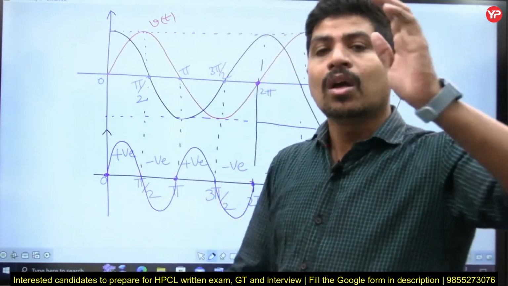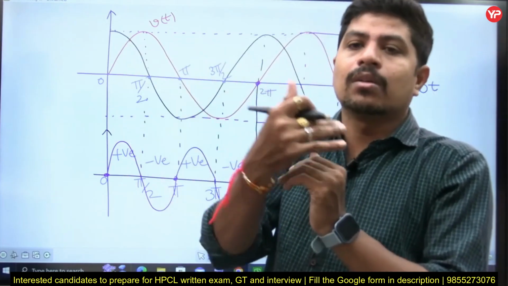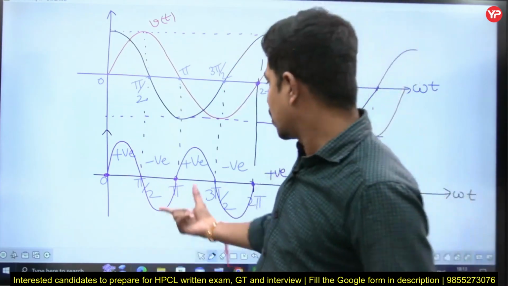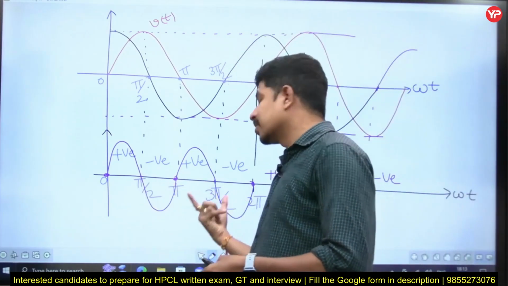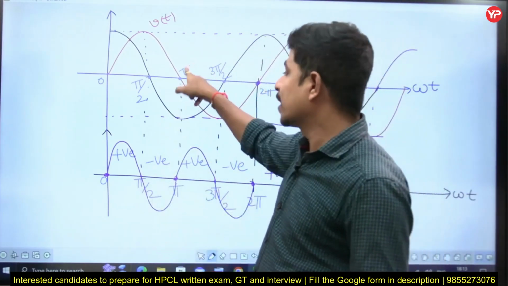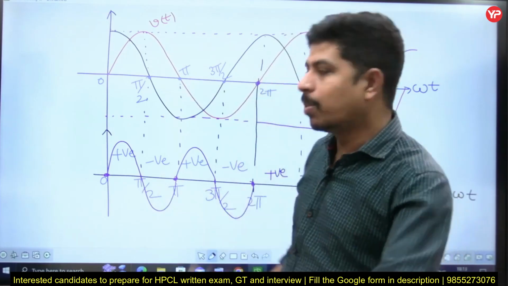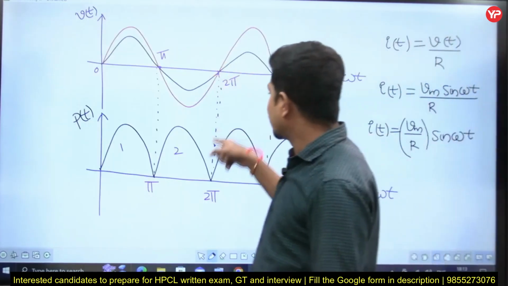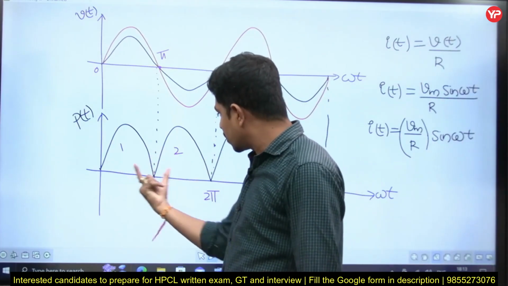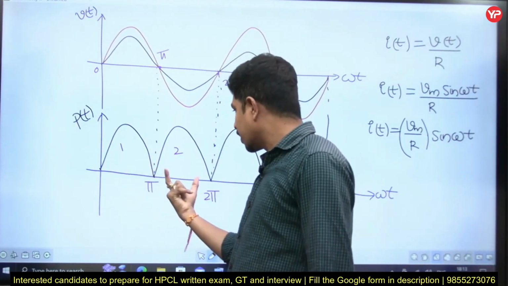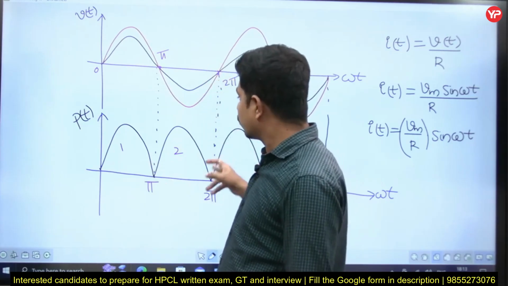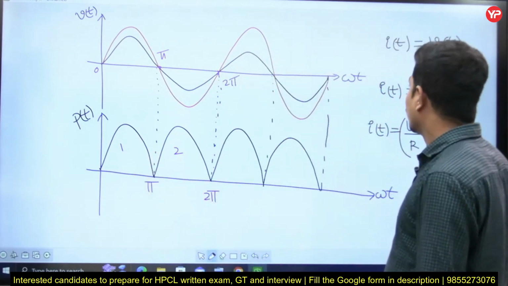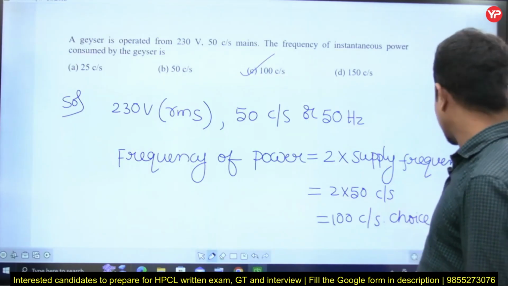Any continuous repetition is calculated in terms of frequency. Here, for one full cycle, I got 2 cycles, so the number of cycles is doubled. This is one repetition, and this is another repetition. So the power frequency is doubled, 100 cycles per second.